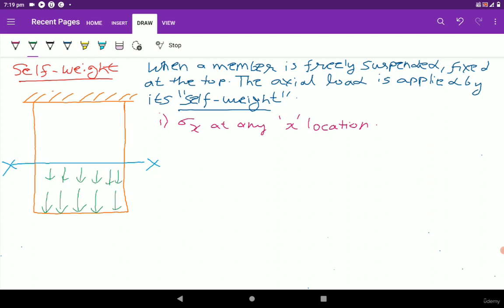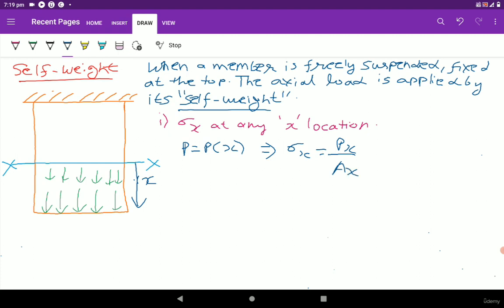So we can write P is equal to P of x, because the axial load due to self weight is depending upon the distance from the x section, that is x point. So we can write sigma x is equal to Px upon Ax.